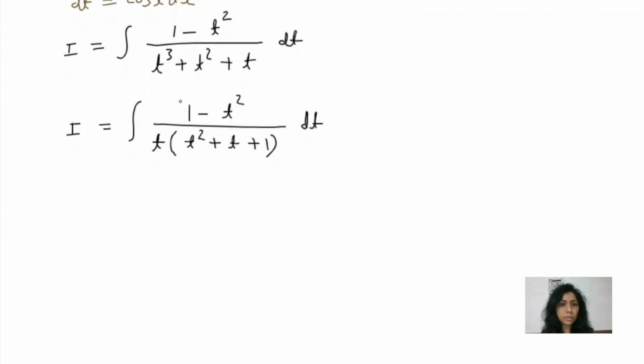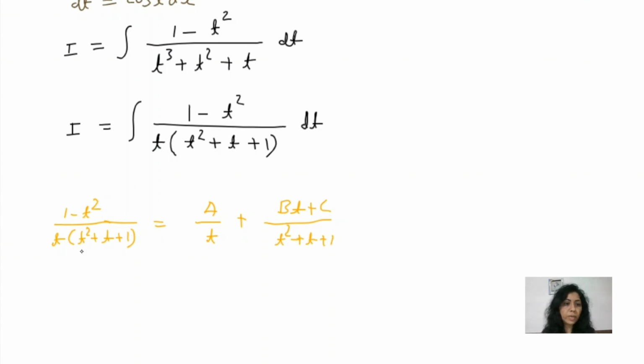Now solve this fraction by partial fraction. So 1 minus t square divided by t square plus t plus 1 is equal to a upon t, plus, since here is a square, b t plus c over t square plus t plus 1.